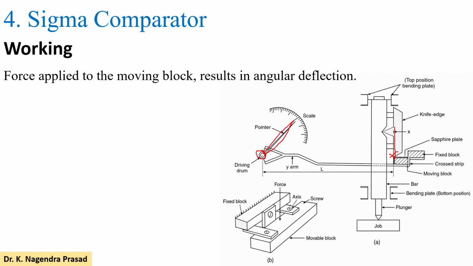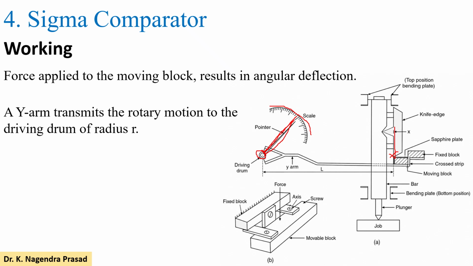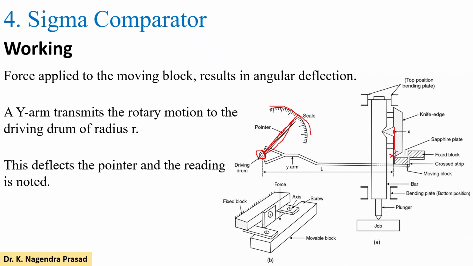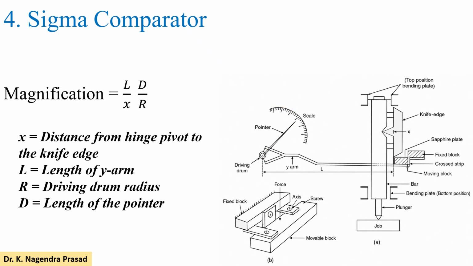Then this angular deflection causes the movement of the Y arm. Then with this movement of the Y arm, the pointer also rotates. The Y arm transmits the rotary motion to the driving drum of radius R. This deflects the pointer and the reading is noted.